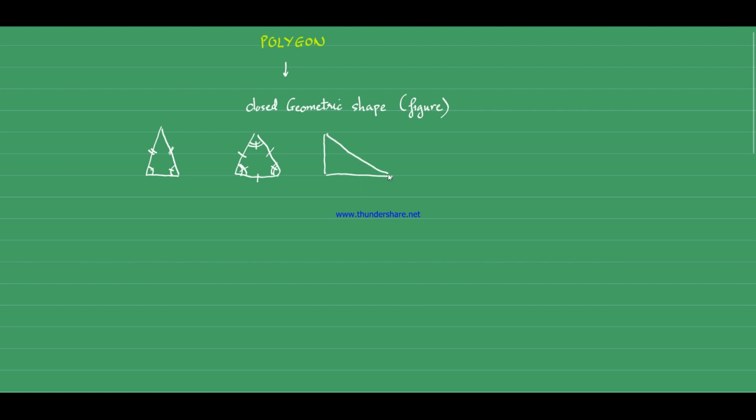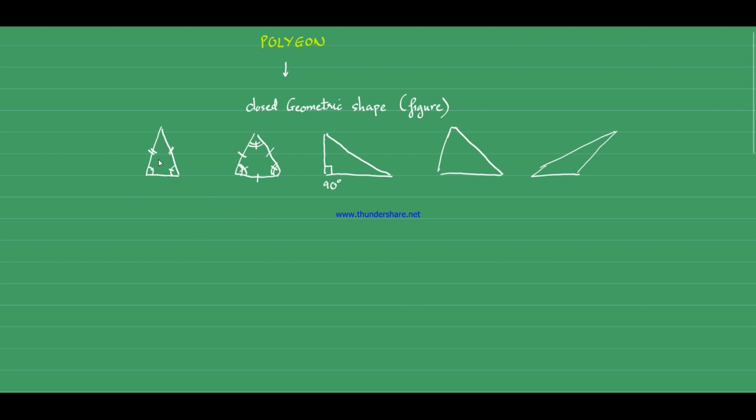In a right triangle, one of the angles is 90 degrees. And we have some random scalene triangle. This means it's not really special. It just has three sides and three angles, so we have something like this. Or we have an obtuse triangle, something that looks like that. All of the shapes here we can call polygons.